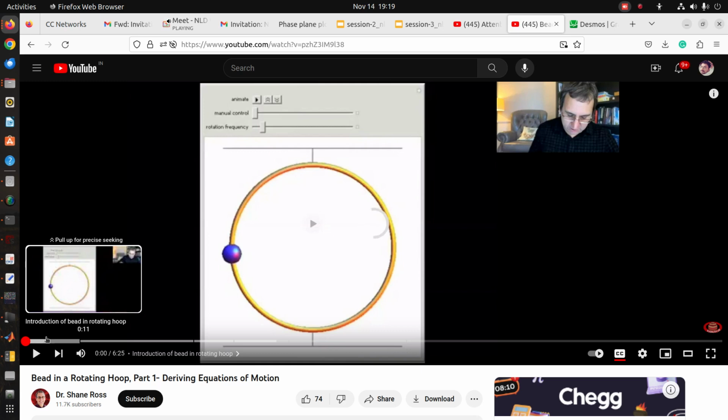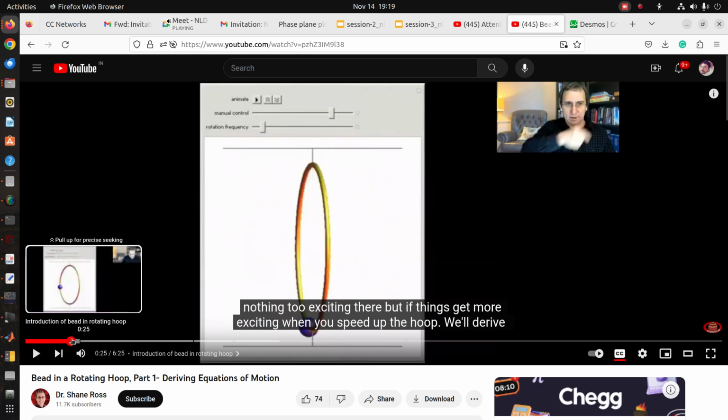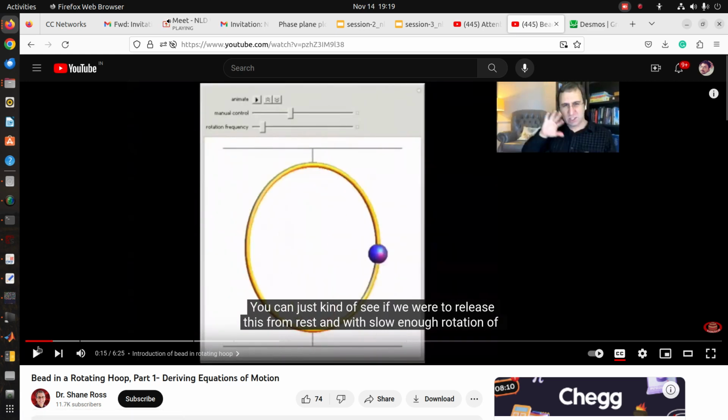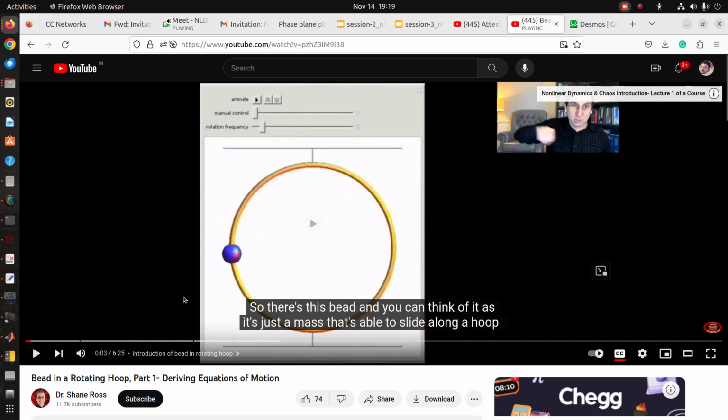So the rotating bead problem is this: you have a ring or a hoop that is being shown here, and it is connected to a string that is shown here. You can see my cursor.